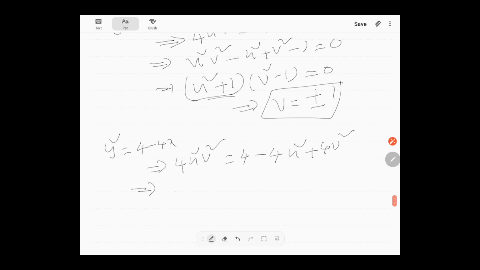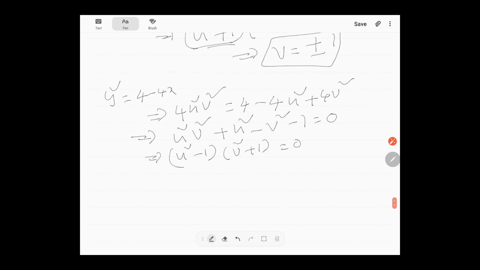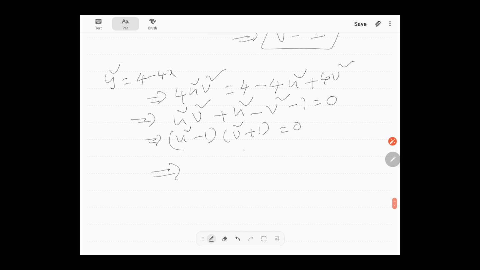Again cancel that 4 and bring everything on one side: u square v square plus u square minus v square minus 1 is 0. In these two I can take u square common, so it is u square minus 1 into v square plus 1 is 0. Anyway, v square plus 1 never becomes 0.